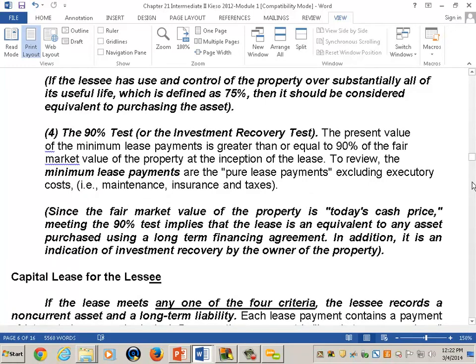At least 90% of the fair value of the asset. Now again, this is sometimes known as the 90% test or investment recovery.